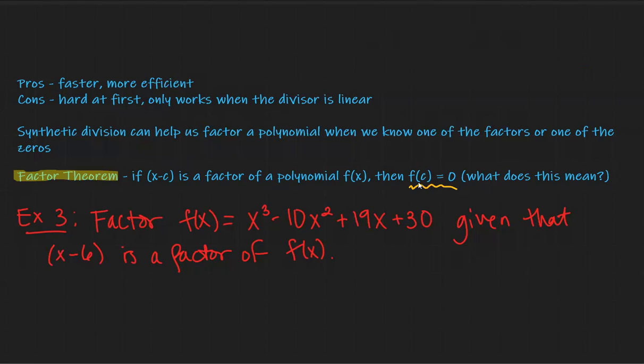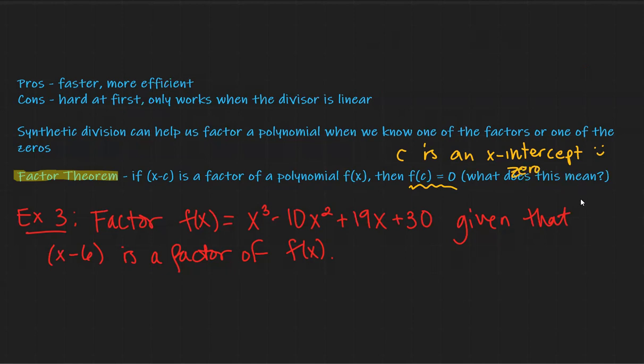Why do we care about when f of c equals 0? Think about it for a few seconds. All right, we're plugging something into our function, and the result is that we get 0. Well, that means that c is an x-intercept, otherwise known as a 0.